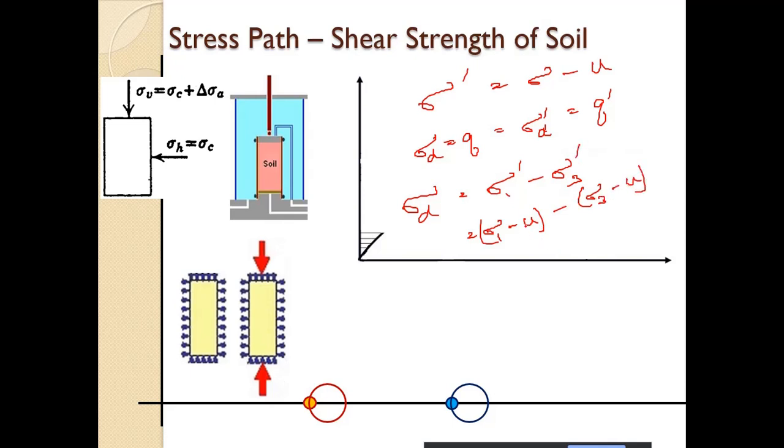So ultimately if we take it out, this becomes plus, so we have sigma 1 minus sigma 3 minus u plus u, so these two get cancelled, so we have sigma 1 minus sigma 3. Okay, so sigma d is equal to sigma d dash. So pore water pressure has no effect on the deviatoric stress.